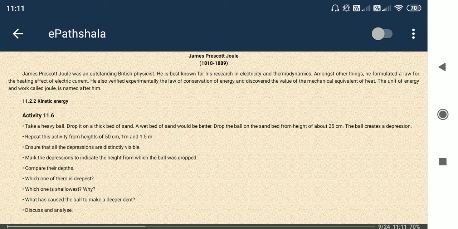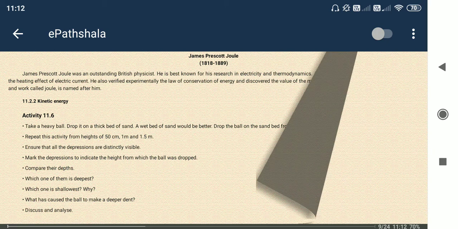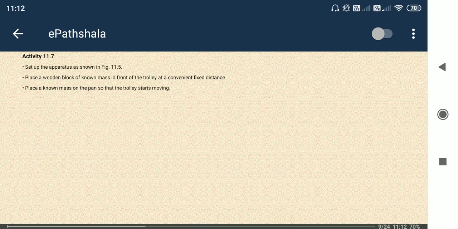So we are now discussing kinetic energy. Kinetic means movement, okay? It is related to kinesis, meaning movement. Kinetic energy refers to the energy associated with the motion of a body. When a body is in motion, it has some amount of energy. We measure this energy as kinetic energy equals half m v square.